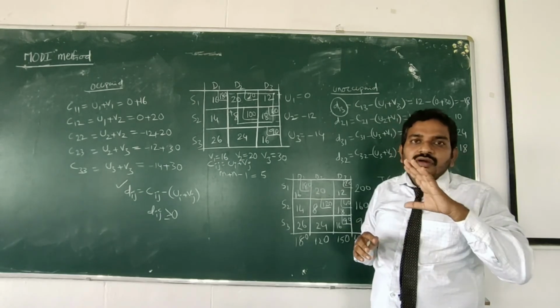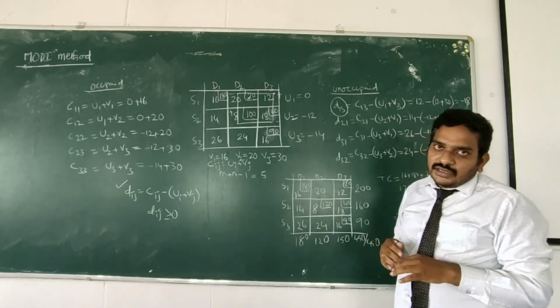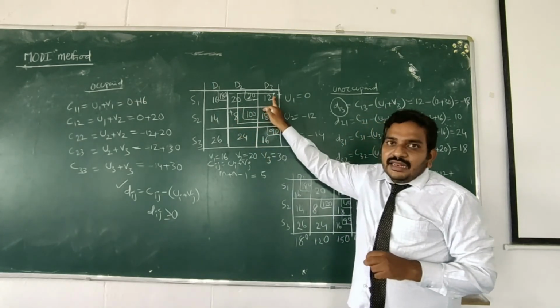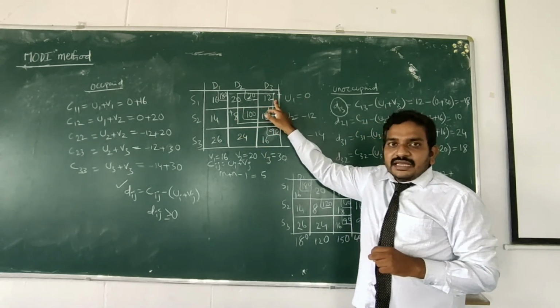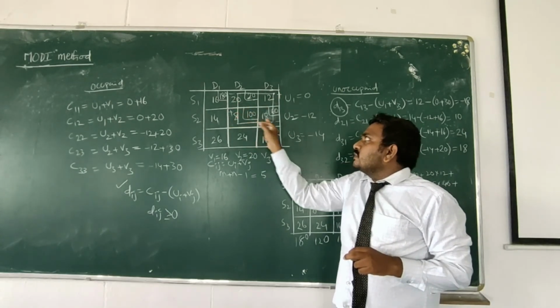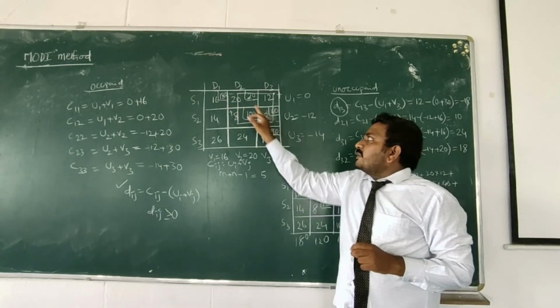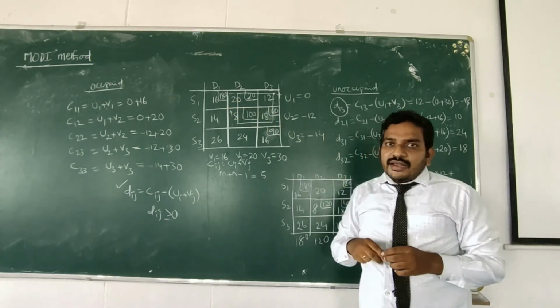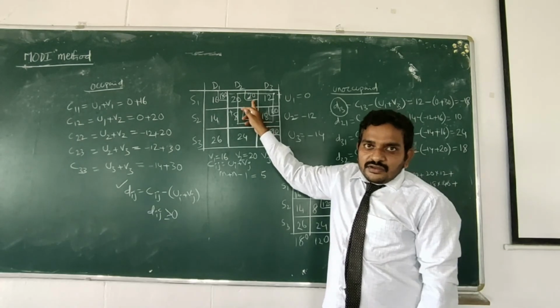You do not indicate a sign or add or delete quantities there. Pass through all occupied cells and reach the starting cell again, where you started as a plus sign, and automatically change the sign. The next cell is negative, positive, negative again. From the negative sign cells, select the least allocated value, that is 20 here.